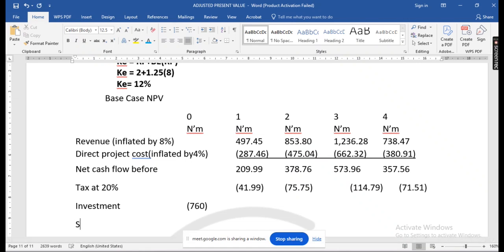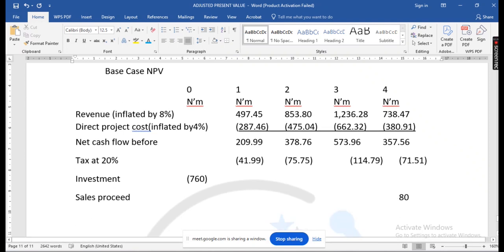So you can say sales proceed. And they say it is after tax, right? 80 million. That is the sales proceed, right? Now, if this is the sales proceed, the next is the working capital or the tax savings.